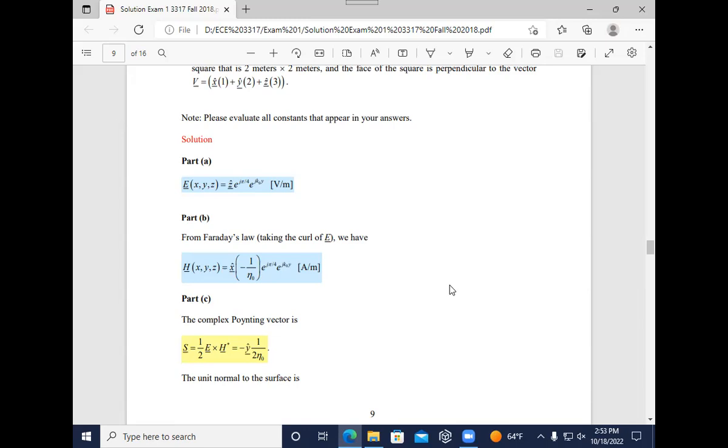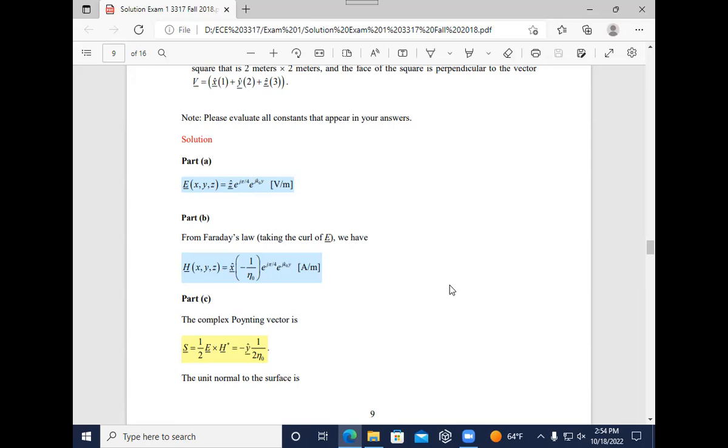Okay. So we've got the E vector in the phasor domain from part A. So we have to plug in here and take the curl, right? Now, the curl of E, of course, we could just look this up in the notes, but anyway, there it is.